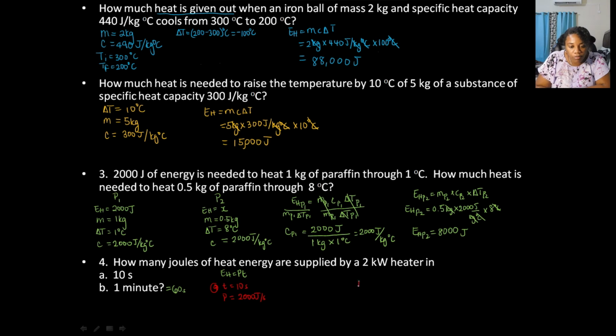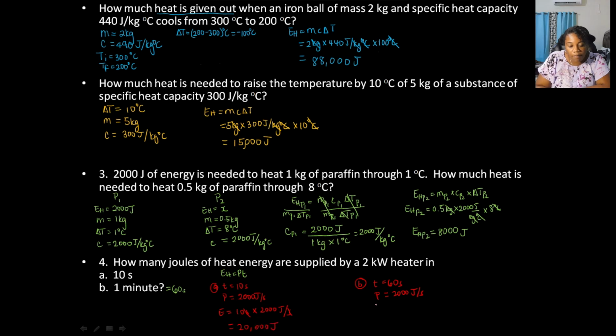And in B, we have T equals 60 seconds, and P equal to 2000 joules per second. So EH will be equal to 10 seconds times 2000 joules per second, which will give us 20,000 joules.